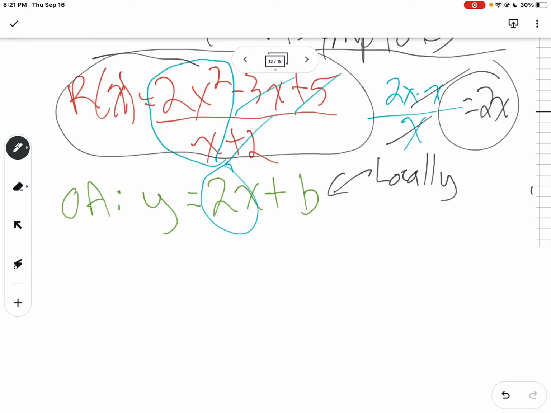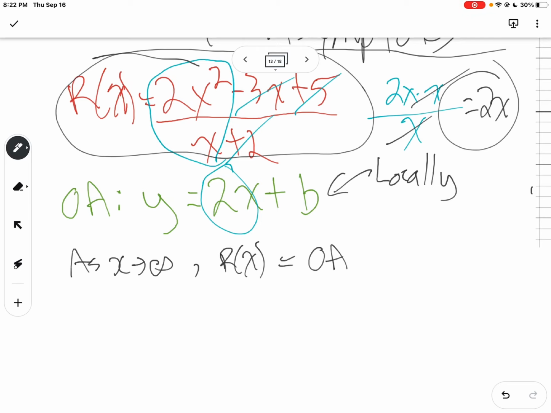Well, what we just said is that as x approaches infinity, r of x equals the oblique asymptote. They overlap, basically. So here's what we're going to do. We're going to sub in 1,000 to both.